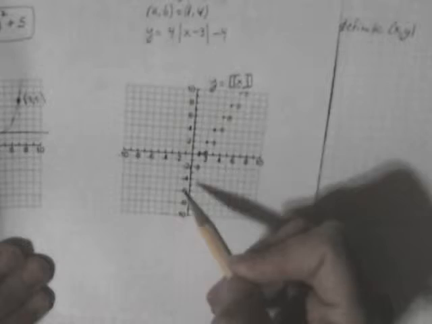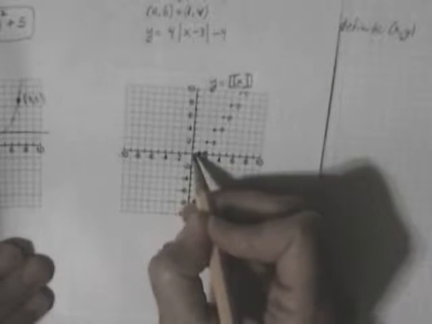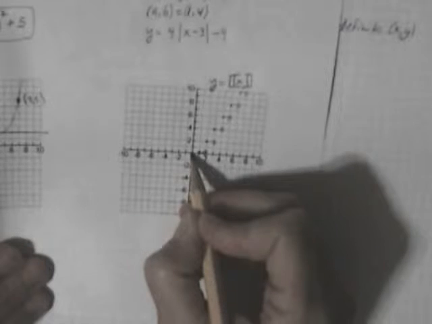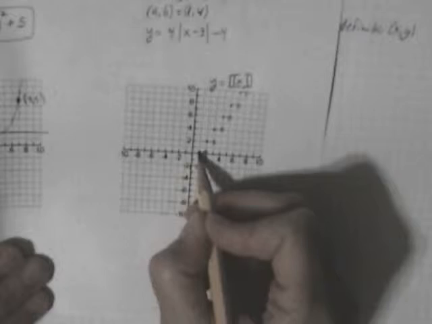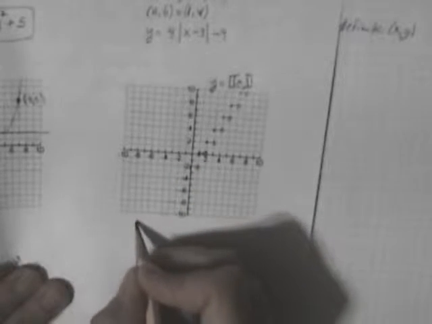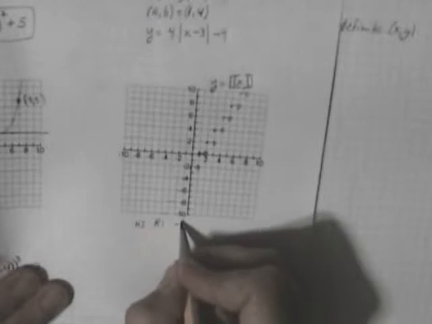So when you have something transformed like this, the normal parent function, like I said, has a vertex of 0, 0, but this has been shifted to the right by 1. So it's got a horizontal shift, moved to the right by 1. So that's going to be a -1 inside the function.